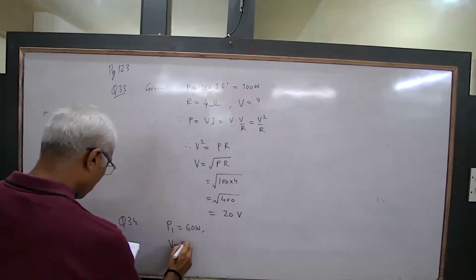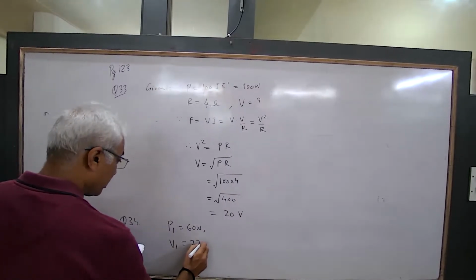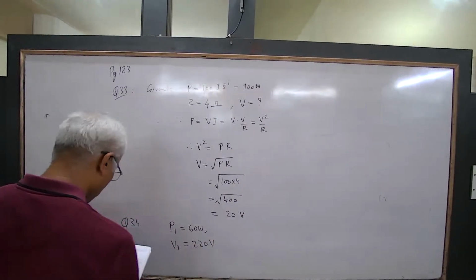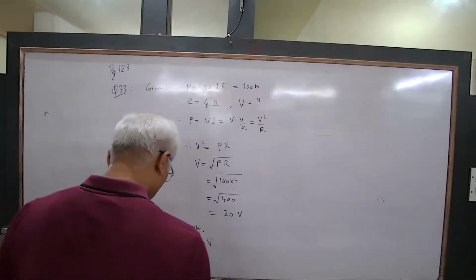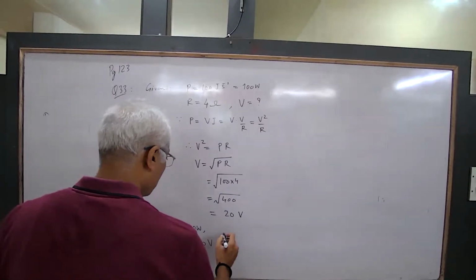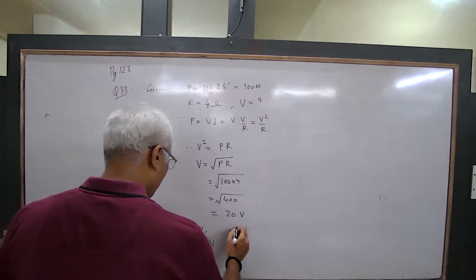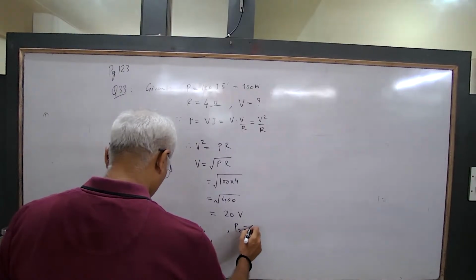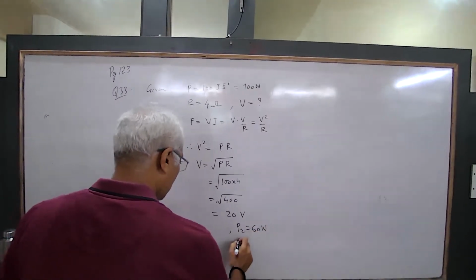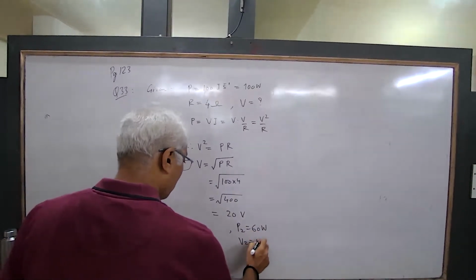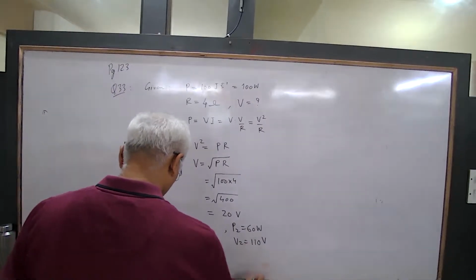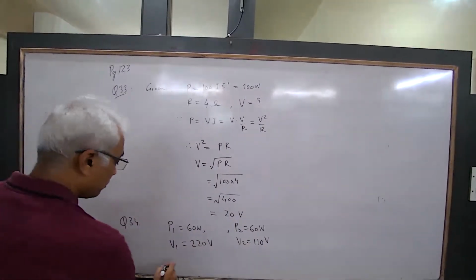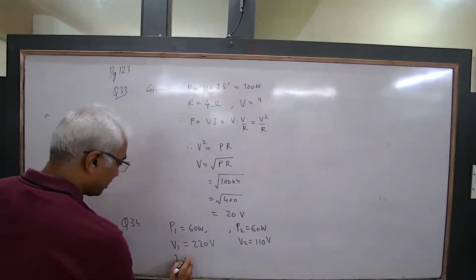V1 is equal to 220. So this is simple. P2 is 60 watt. P2 is 1. So find I1, I2 and then find the current.